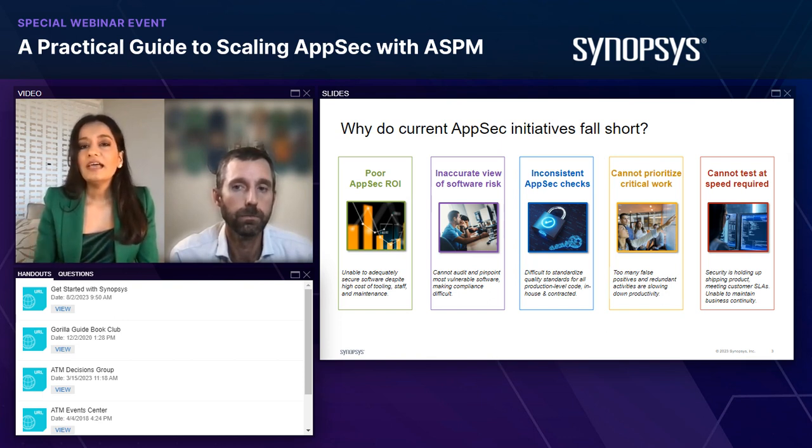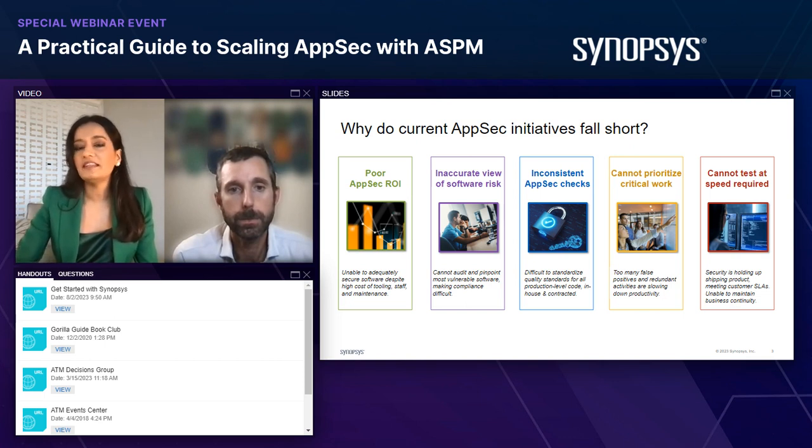And if we look at application security in particular, with that return on investment of tooling, there's an expectation that organizations will be able to ascertain from one place what is my total software risk? What are the most required actions I need to take for impactful security work?